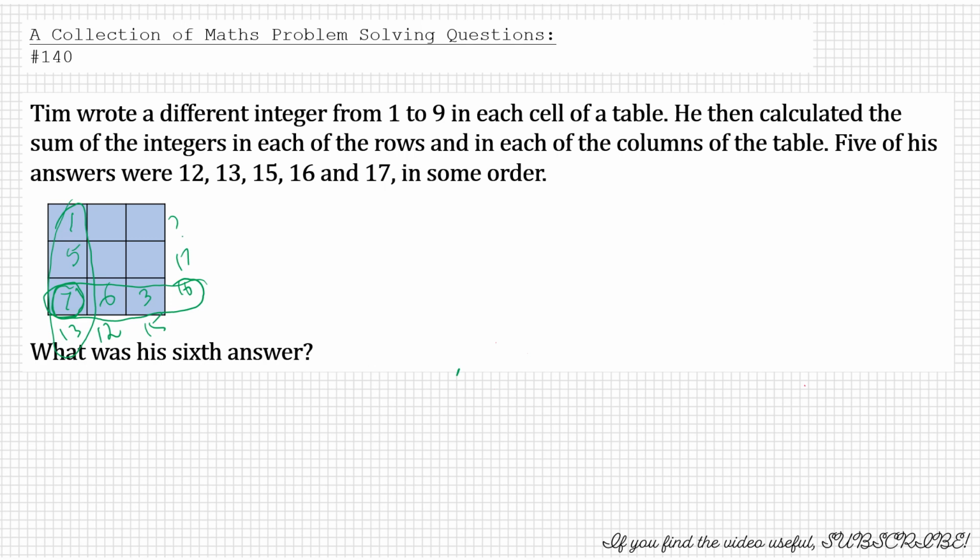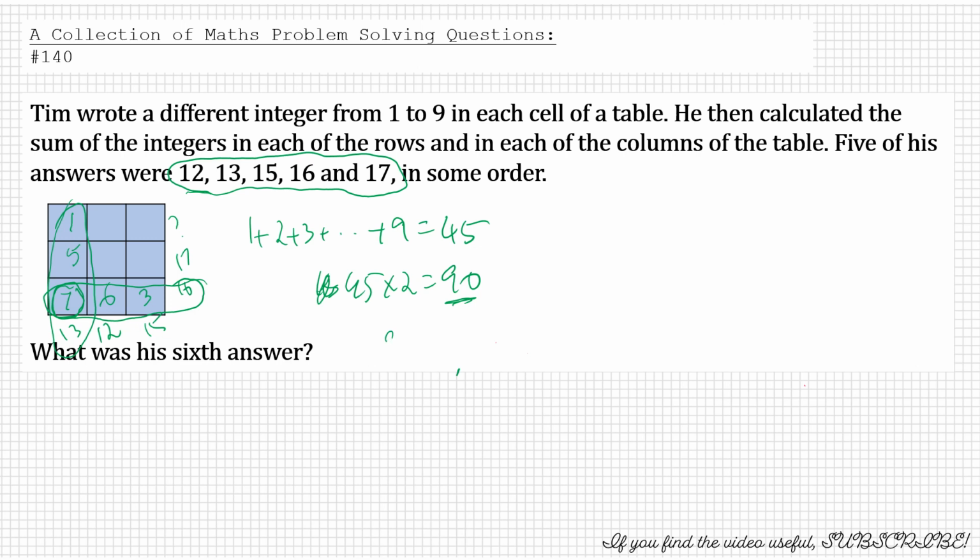So now you know that the sum of the digits 1 plus 2 plus 3 and so on plus 9 is 45. If each digit was counted twice, the sum of these digits would be 45 times 2, and that would be 90. This 90 would equal the sum of these numbers, because they are the totals of the rows and the columns.